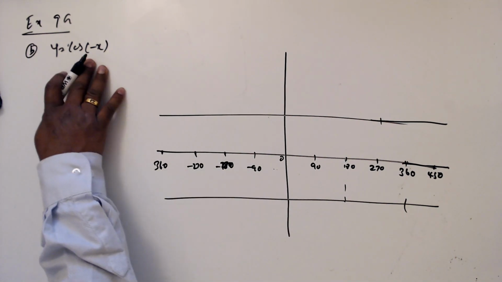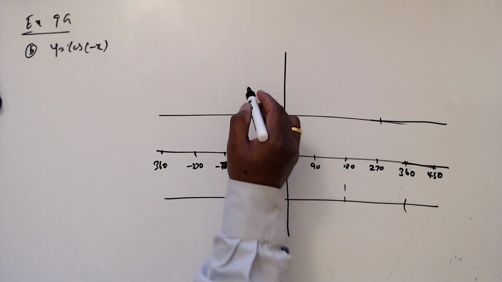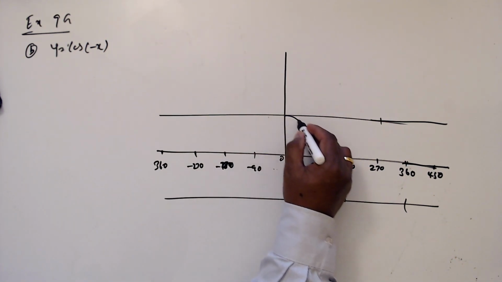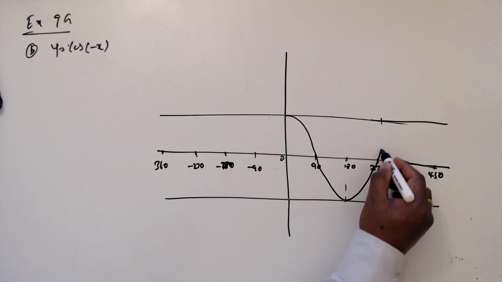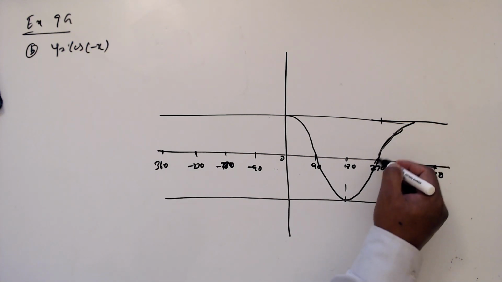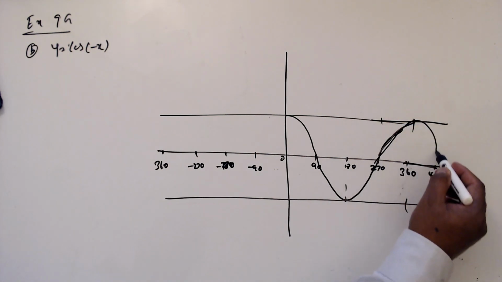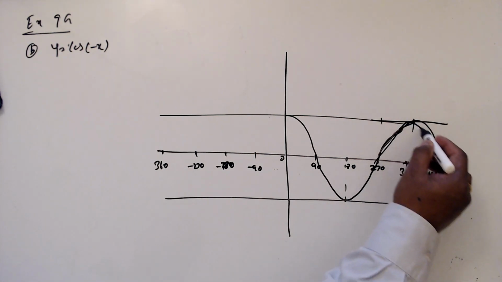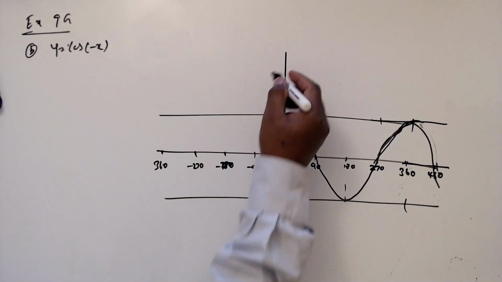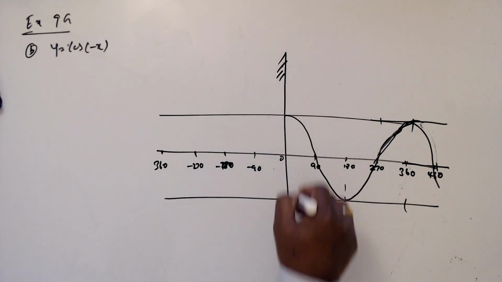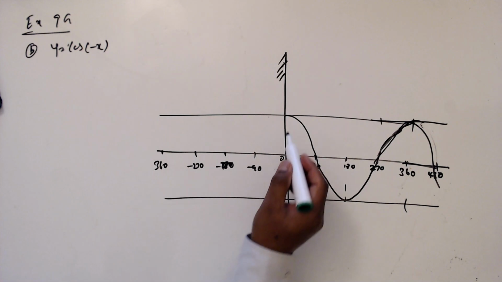Next, y equals cos minus x. First of all, we will draw the graph y equals cos x. When we reflect this graph on the y-axis, that is y equals cos minus x.